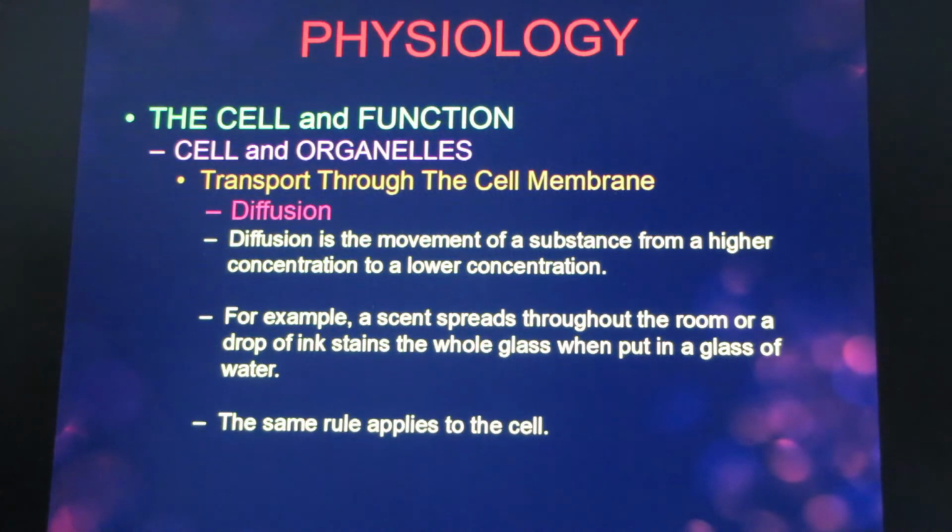So the shift of the diffusing material is from a higher concentration area to a lower concentration area. For example, think about a scent that spreads through the room, or a drop of ink that stains the whole glass when put in a glass of water. It continuously becomes diluted. The same rule applies to the cell.